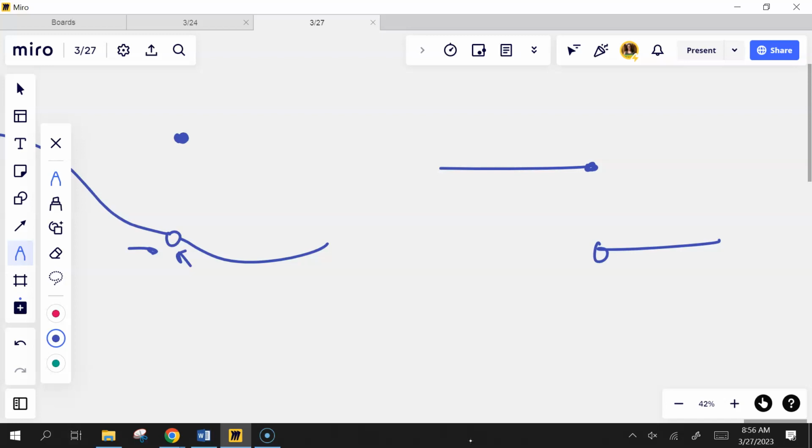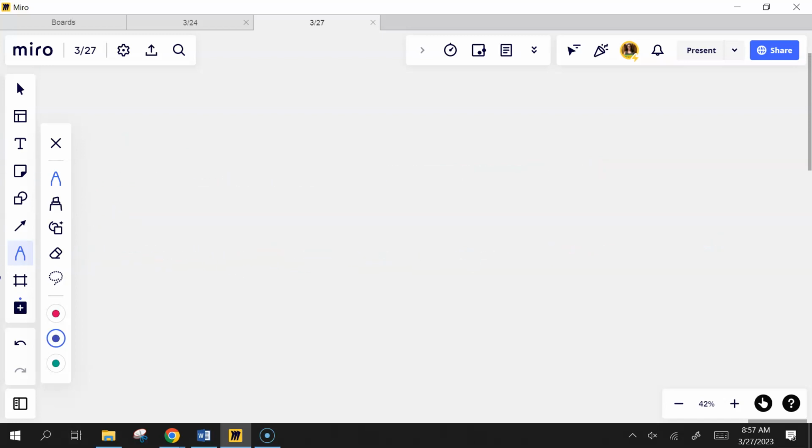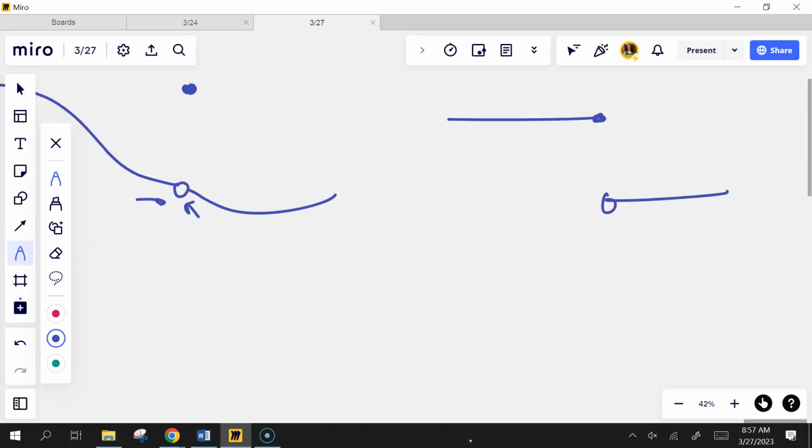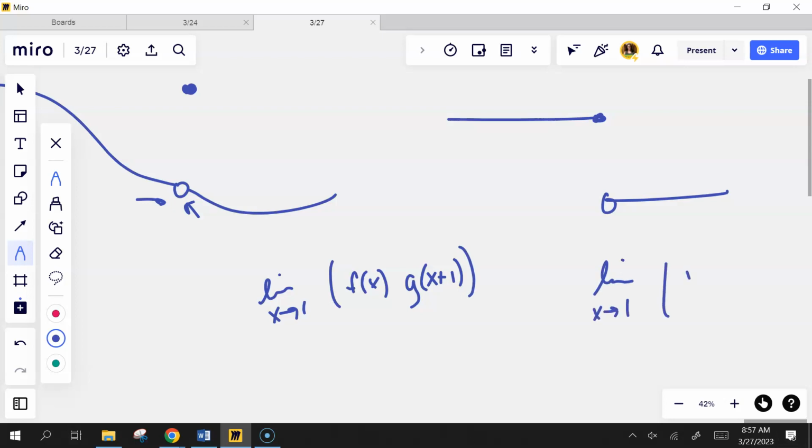I thought that it was a pretty difficult thing to decide between C and D because we know that limits can't split up with multiplication like they can with addition and subtraction, right? That's the one property that doesn't work there. So let me just come here to this one. We've got the limit as x approaches 1 of f of x times g of x plus 1, and we've got the limit as x approaches 1 of f of x plus 1 times g of x.